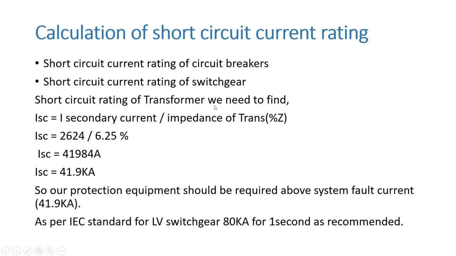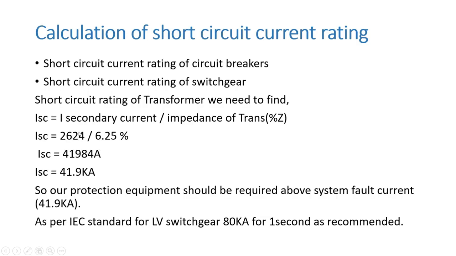For that, you have to use this formula: short circuit rating ISC equals transformer secondary full load current divided by impedance of the transformer. We know the transformer secondary full load current is 2624, divided by transformer impedance of 6.25%.